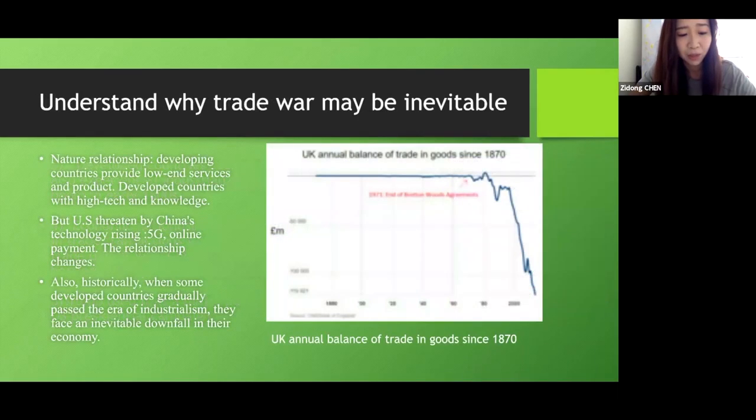We also have to understand why the trade war may be inevitable. Firstly, the impact of globalization on developed and developing countries. The natural relationship for trade is usually that developing countries provide low-end services and products, and developed countries provide high tech and knowledge.